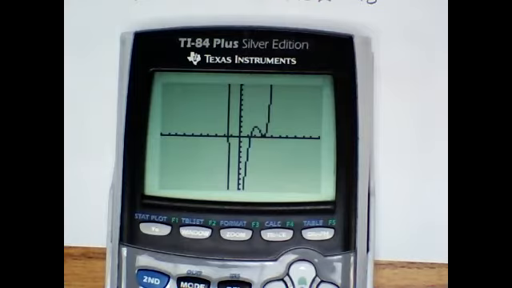Did you get something that looks like this? Okay. Now we want to find where this touches the x-axis.